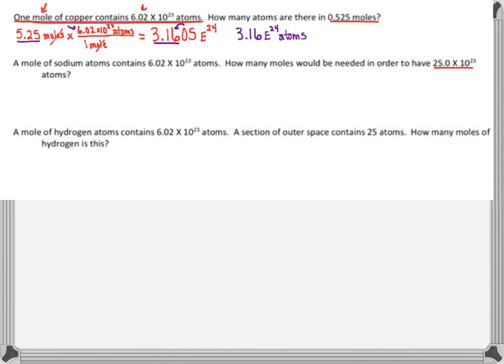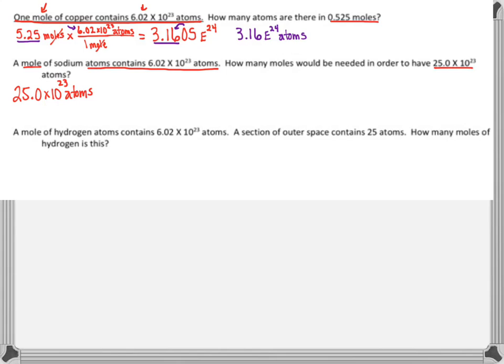So here's our given, 25.0 times 10 to the 23rd atoms. And here's our conversion.